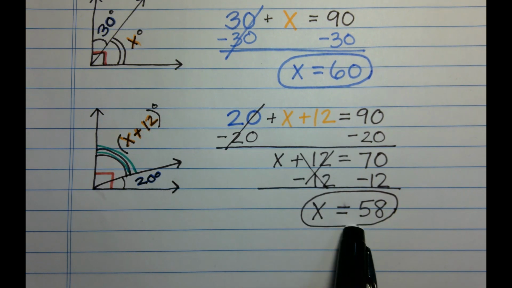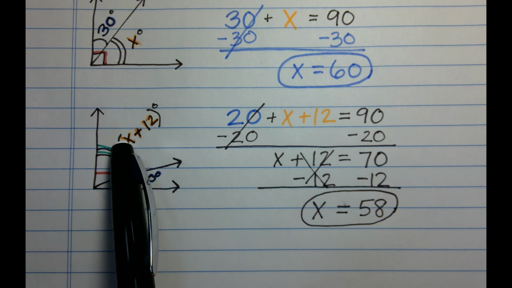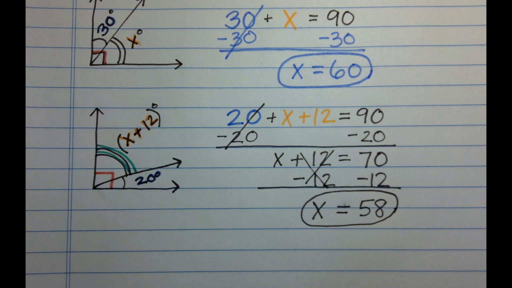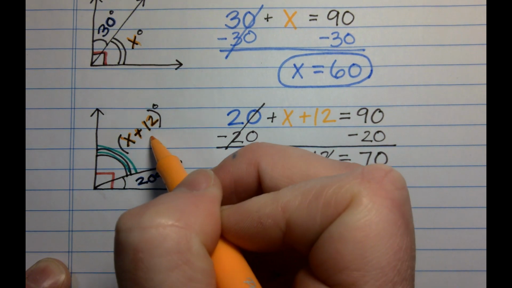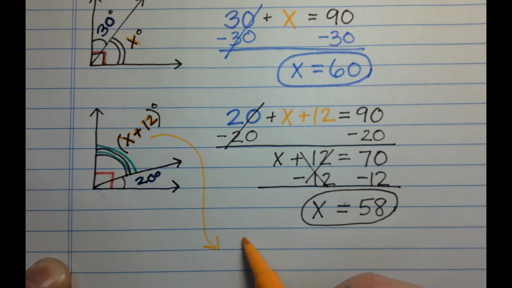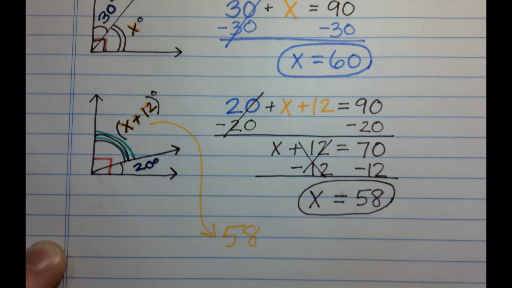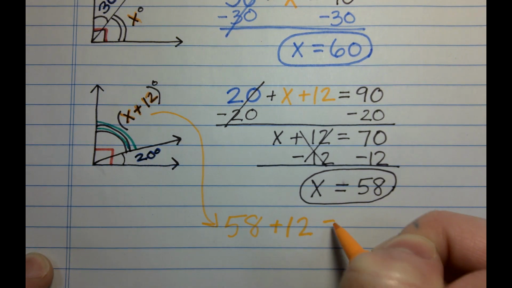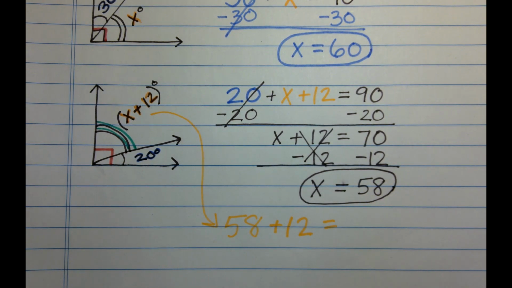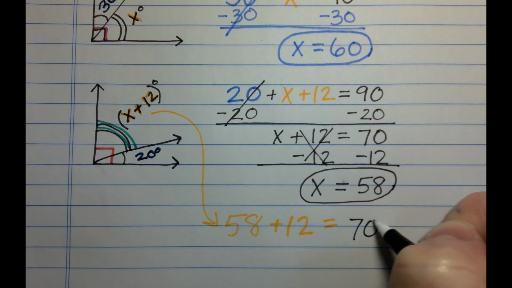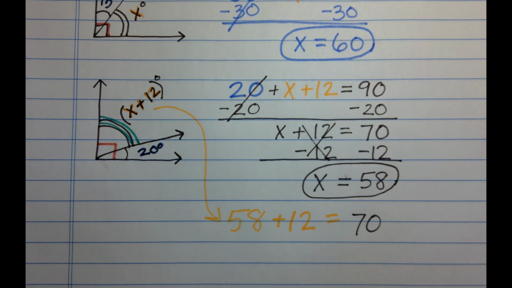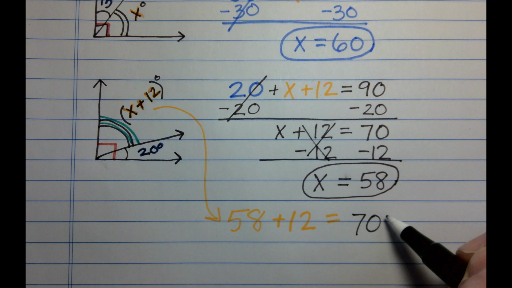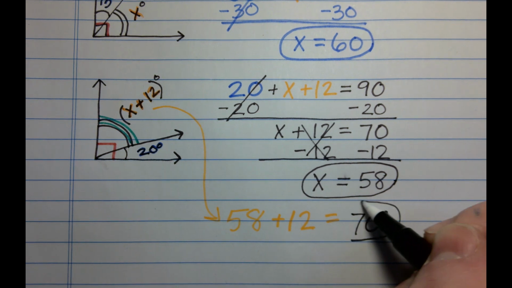I know what X is now, 58. So what if I replace X with 58? 58 plus 12 is 70. So X is 58 and the angle is 70 degrees.